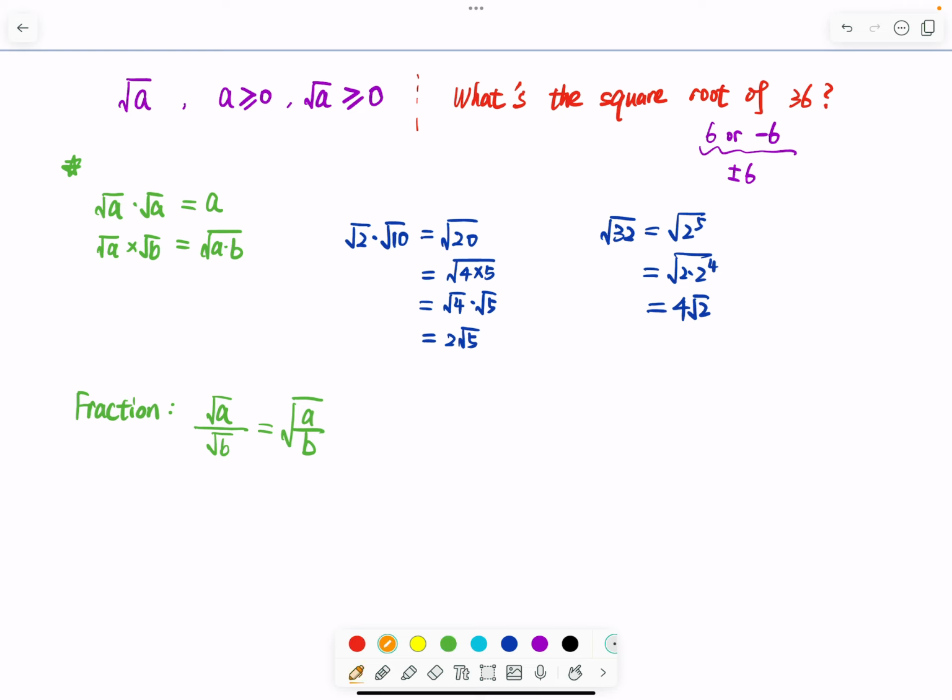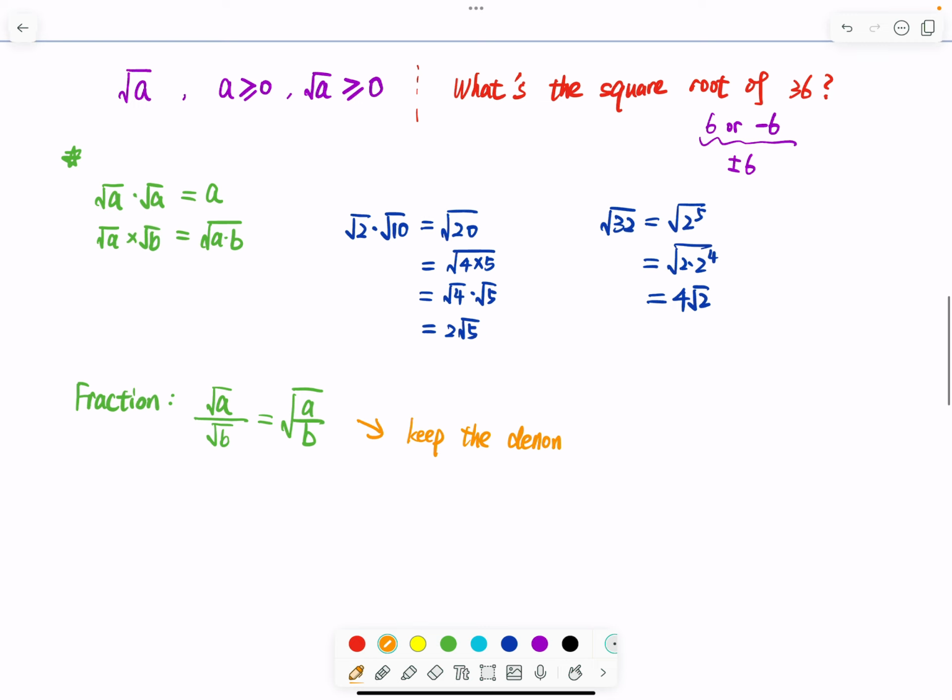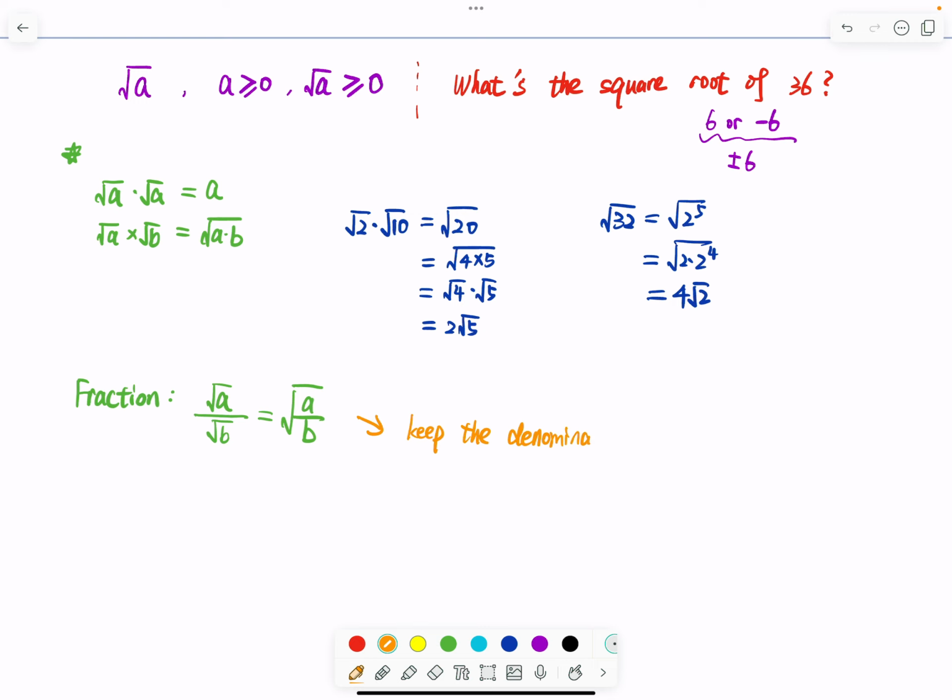The rule is we need to keep the denominator as a rational number. So we call this method rationalize.